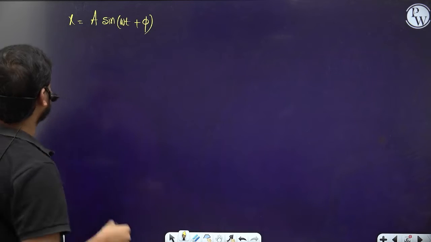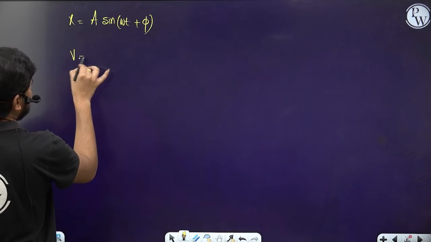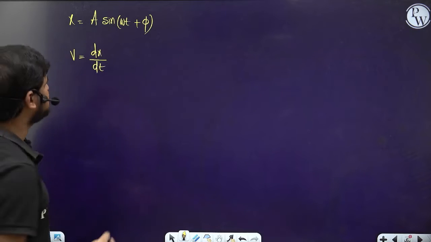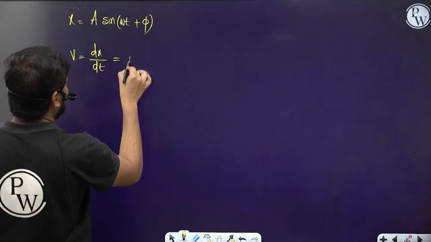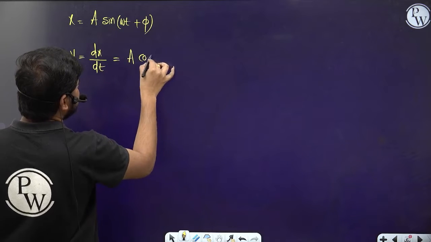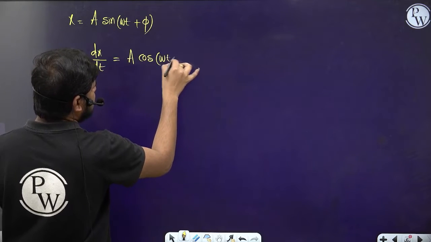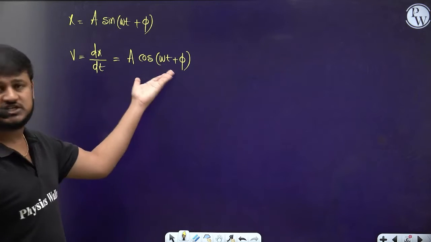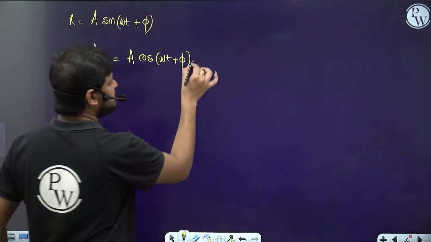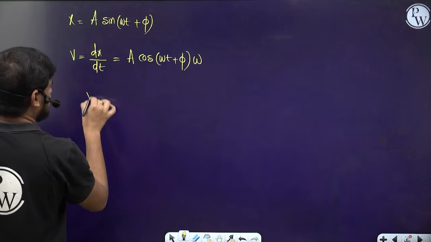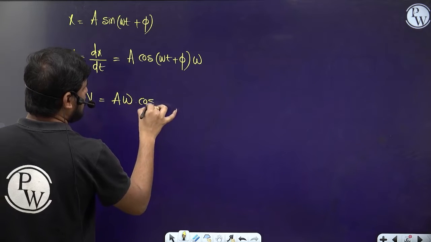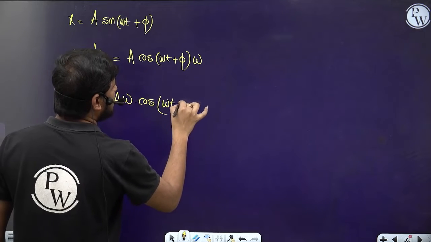The velocity will simply be dx by dt. The differentiation of sine is cos(omega t plus phi), and again the differentiation of omega t plus phi: phi is a constant so its differentiation is 0, and omega t differentiates to omega. Therefore the velocity we got is a omega into cos(omega t plus phi).